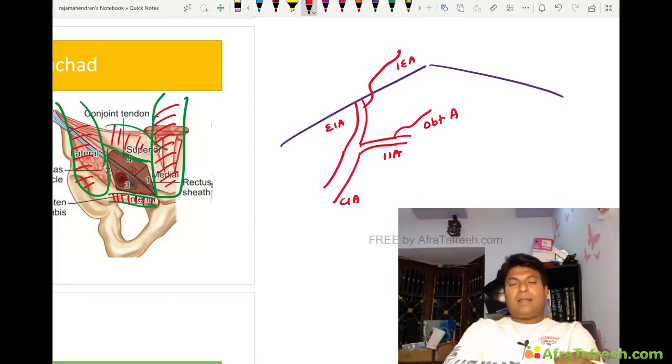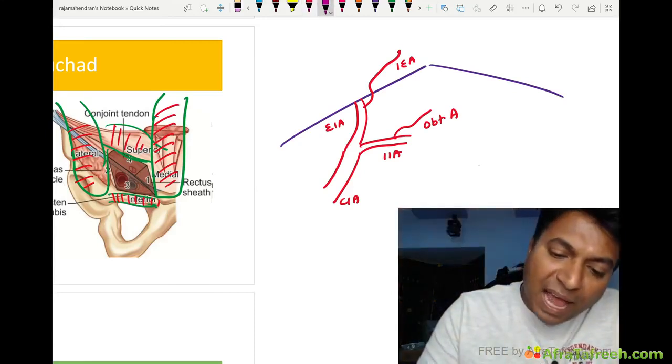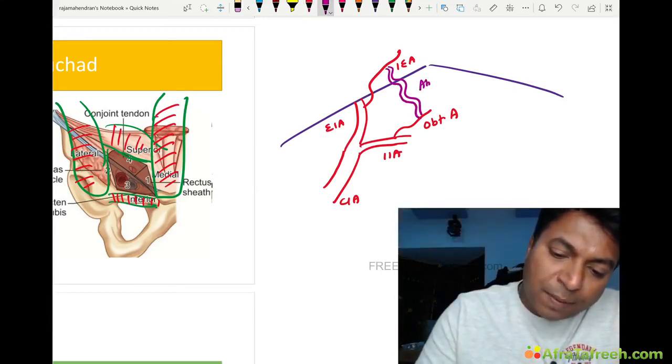So common iliac artery, external iliac artery, inferior epigastric artery, internal iliac artery, obturator artery. This is what is seen in most of the patients, about 70%. 20 to 30% of us may have an abnormal artery connecting the inferior epigastric artery with the obturator artery, known as the abnormal obturator artery.